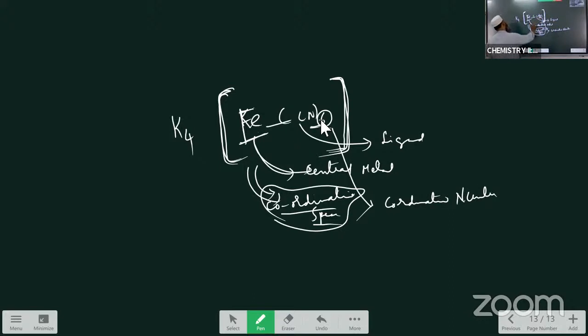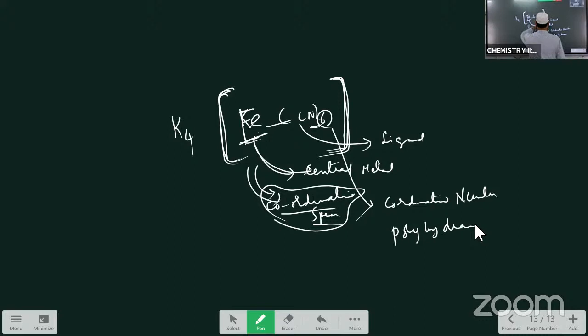Now after that, how these ligands are arranged around this iron metal, सेंट्रल मेटल के तरफ ये लिगेंड्स कैसा अरेंज होके है, इसको क्या बोलते हैं? कोऑर्डिनेशन पॉलीहाइड्रॉन बोल के बुलाते हैं। This is the terminology which is used for the complex compounds. सेंट्रल मेटल, लिगेंड, how many ligands are there, that is called coordination number.